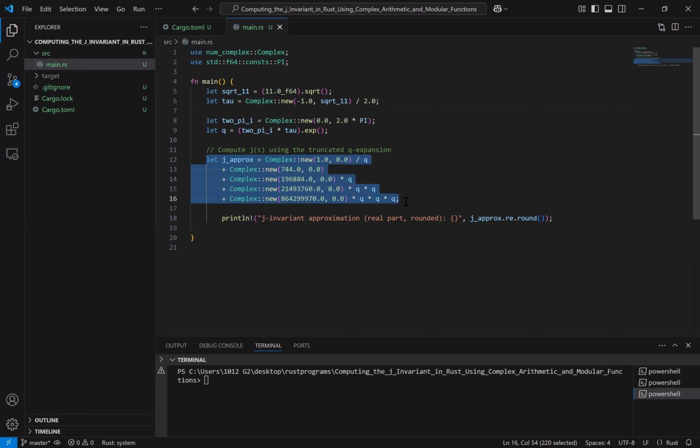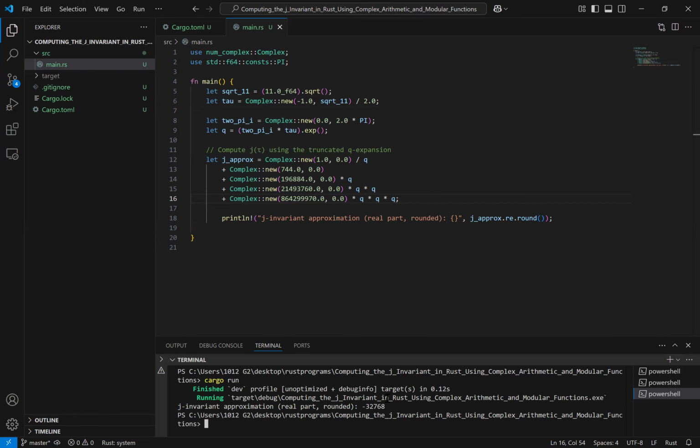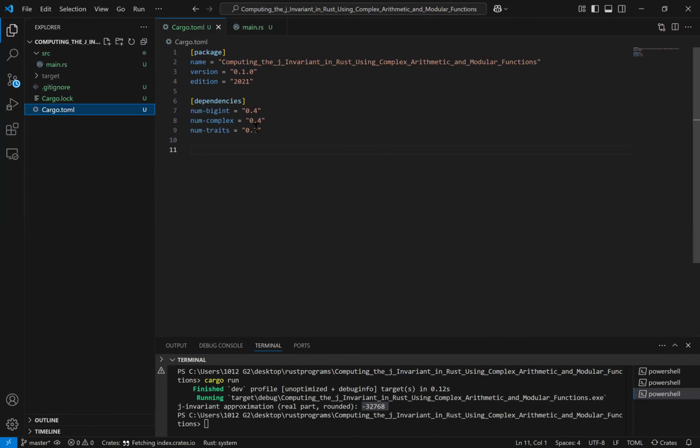I don't want to go into the details of Q expansion. But now using this method, we're able to get the J invariant. The J invariant is -32,768.